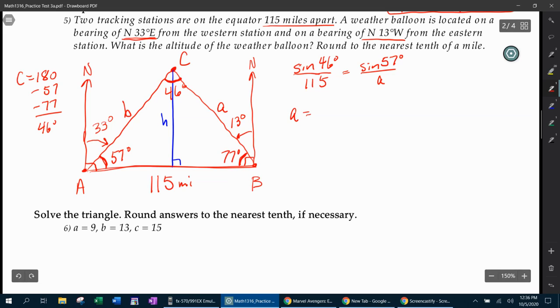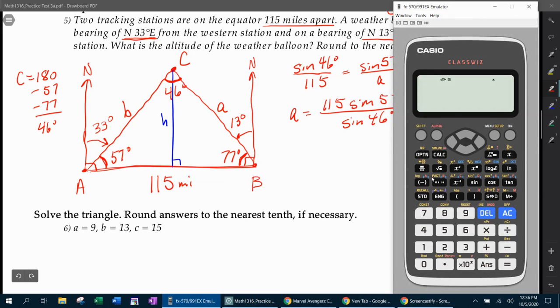And that will allow me to find side A. Doing a little cross multiply and divide, that's going to be 115 sine 57 divided by sine 46. And that's going to require button pushing. 115 sine of 57 over sine of 46. 103.